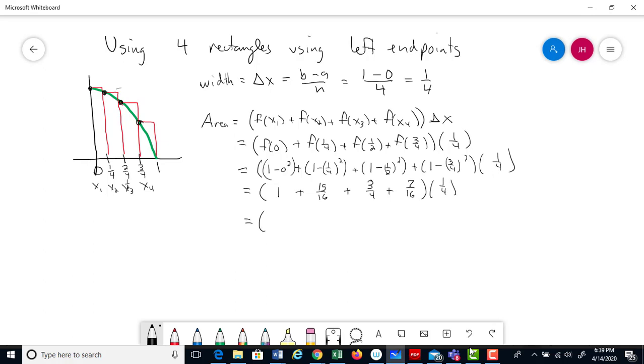So turn them all into 16 over 16 plus 15 over 16 plus 12 over 16 plus 7 over 16 multiplied by 1 over 4: 31, 43, 50. So this is equal to 50 over 16 multiplied by a fourth, which is 50 over 64.